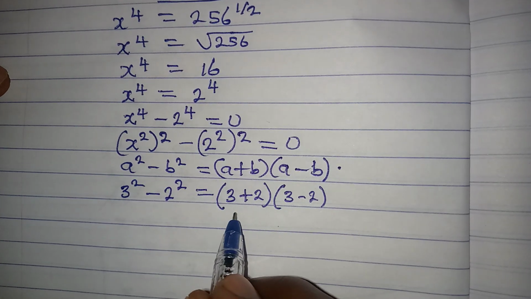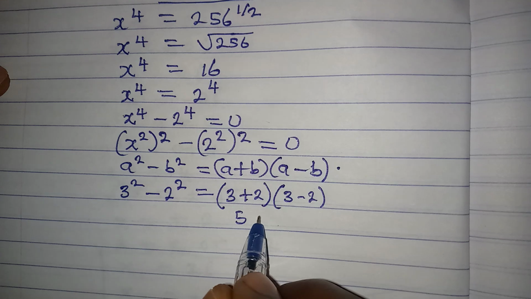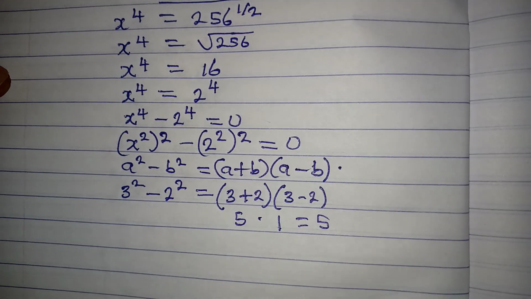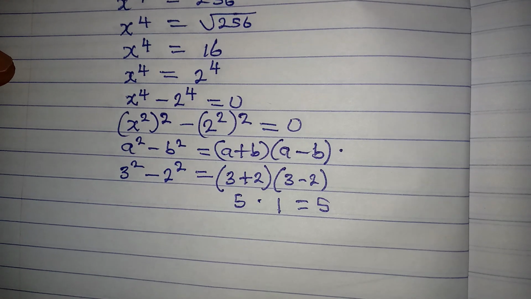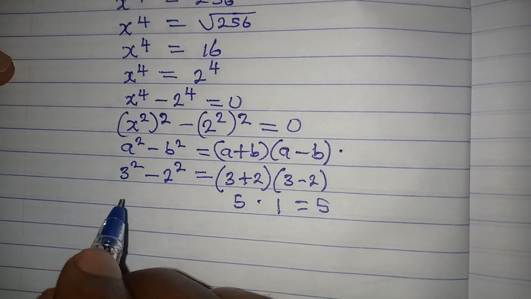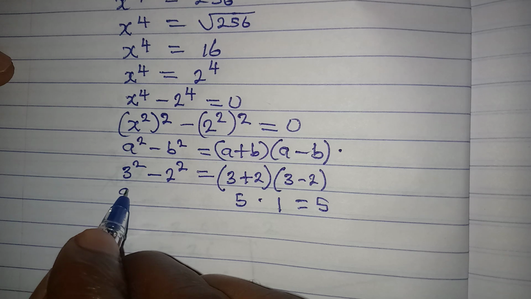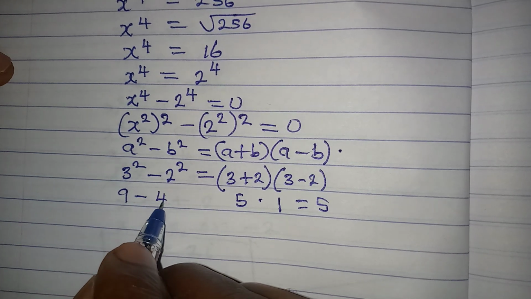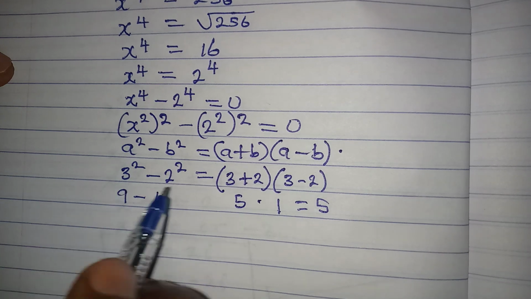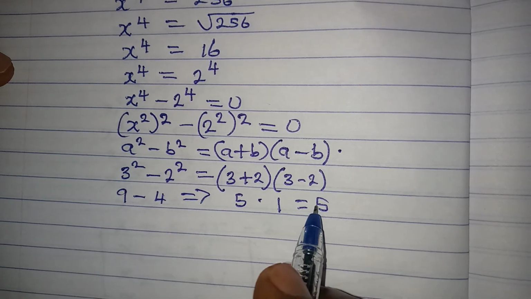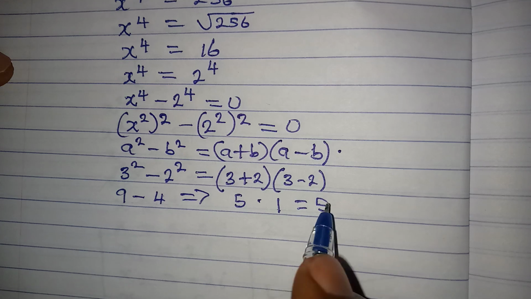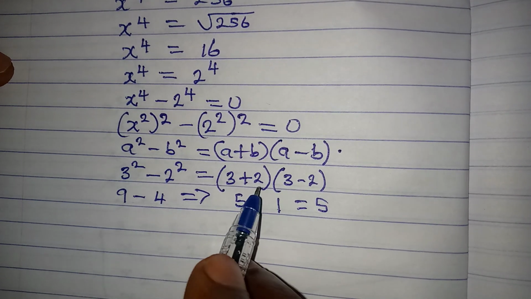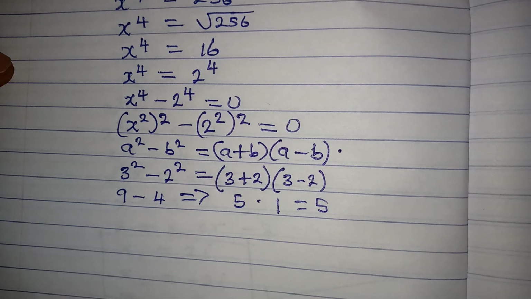Now 3 plus 2 will give 5, multiplied by 3 minus 2, which is 1, and this gives 5. Imagine if you don't want to use difference of two squares, and you say 3 squared gives 9, and then minus 4. You can see that at the end of the day, this will still give us the same thing, because 9 minus 4 will give 5. So difference of two squares like this works.